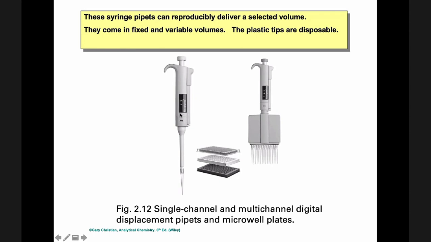Usually, it is used in the micro lab, but you can also use it in the analytical chem lab, though usually in molecular biology, because we also have microwell plates. Those are what get dispensed into with the micropipette. If it's a 10 channel digital displacement pipette, usually the microwells number 10 as well. The plastic tips are disposable.